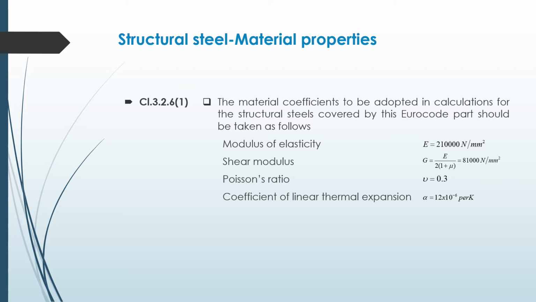The value of G shall be obtained using the standard equation G = E / (2(1 + nu)), and this shall be equal to 8.1 x 10^4 N/mm². The Poisson's ratio nu shall be taken as 0.3, and the value of alpha is equal to 12 x 10^-6 per Kelvin.